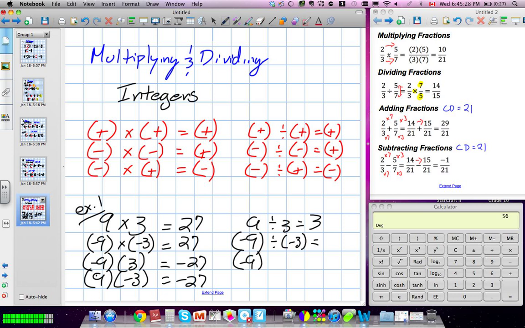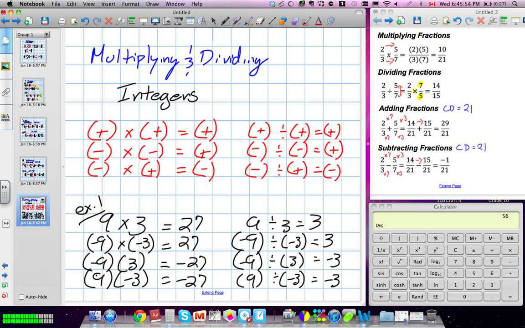What is it? 3. Positive or negative? Positive. Yep. Negative 9 divided by positive 3? Negative 3. And 9 divided by negative 3? It's negative. Good. That's pretty easy, eh? Multiplying and dividing integers is pretty straightforward. That's a simple topic. Adding and subtracting them is much more difficult.